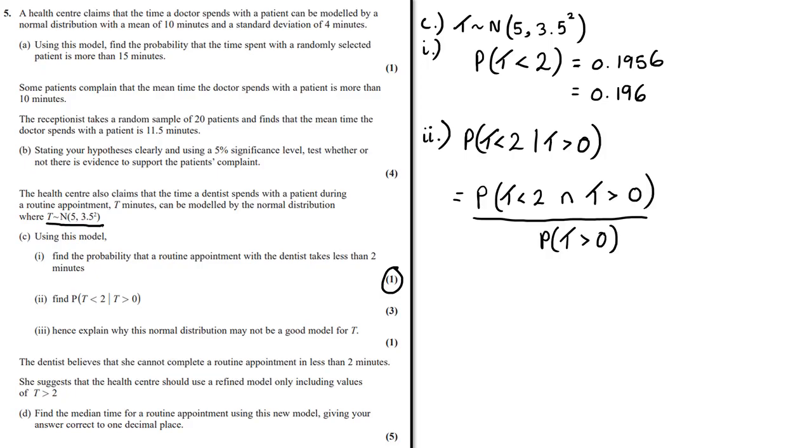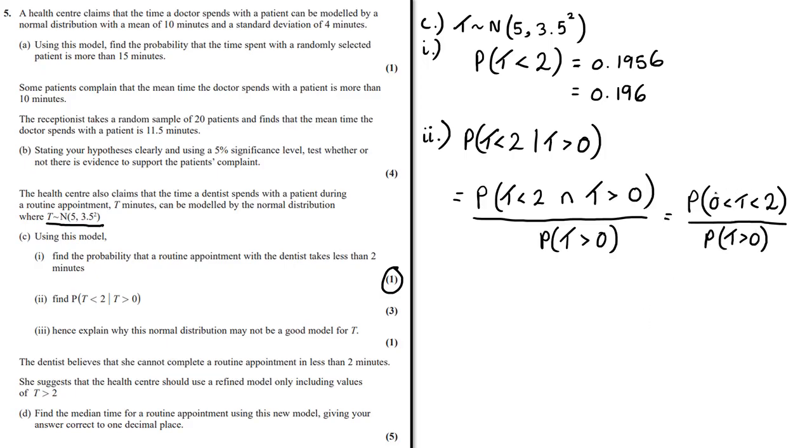Now, for the numerator here, you can simplify this if you just think about how this works. So the probability that t is less than 2 and t is greater than 0, well, we could just write that as the probability of it being between 0 and 2. Okay, that's essentially all that's saying there. And again, we're just over the probability that t is greater than 0.